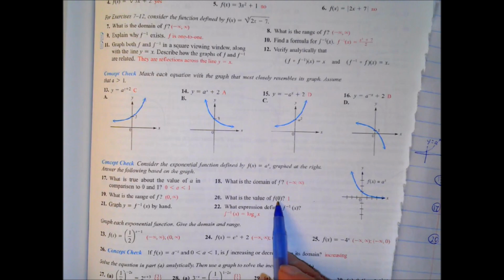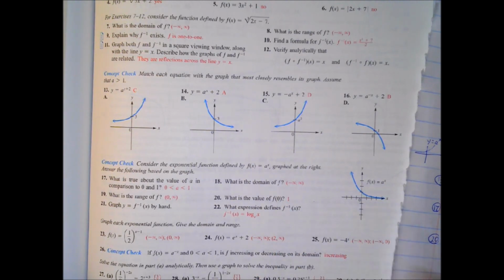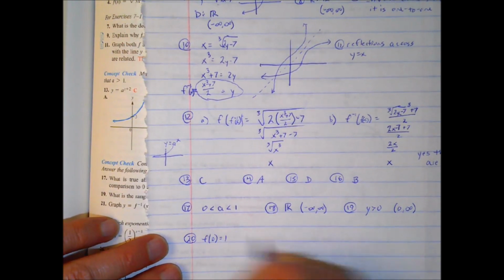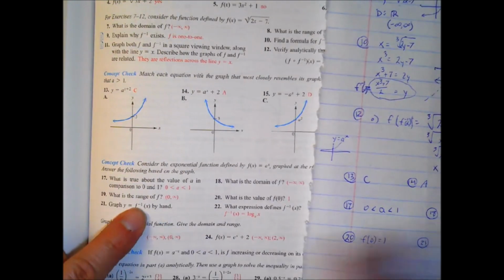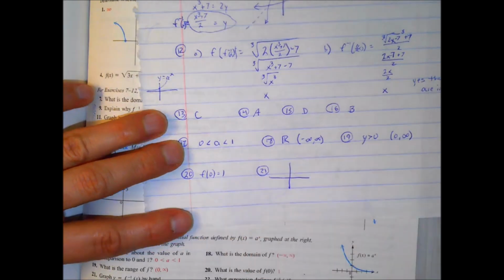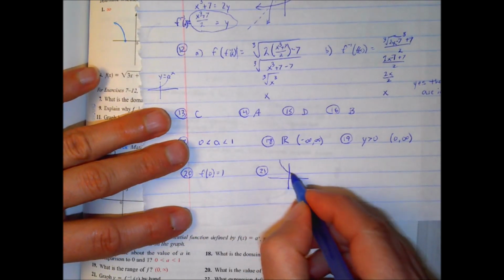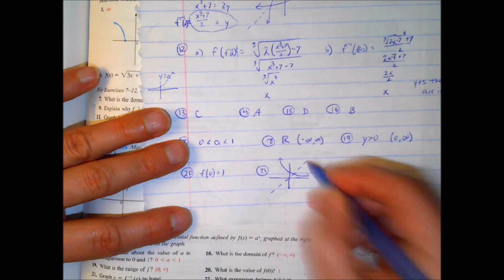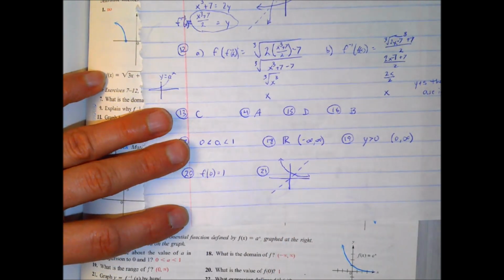Number 23. I'm going to graph it and then find the domain and range. We have f of x equals one half to the x minus 1. I know it's exponential decay, so a lot of the time you can graph these knowing what it is. It's exponential decay, shifted to the right one.